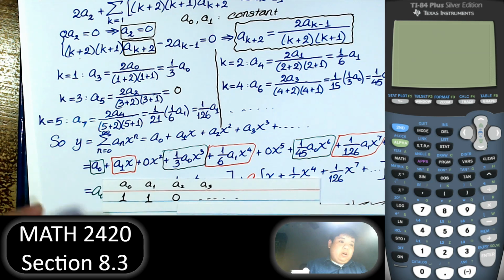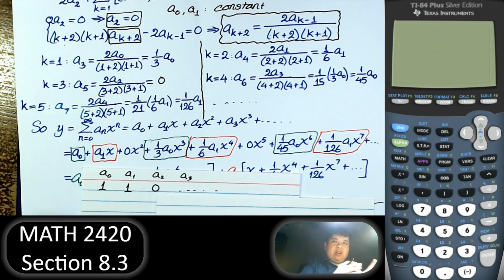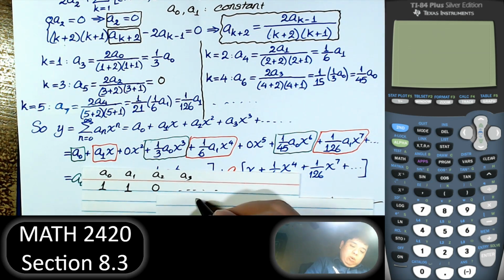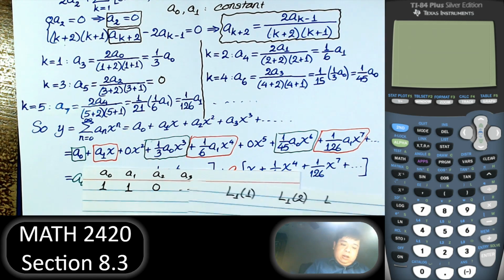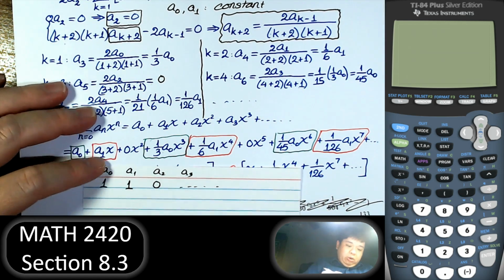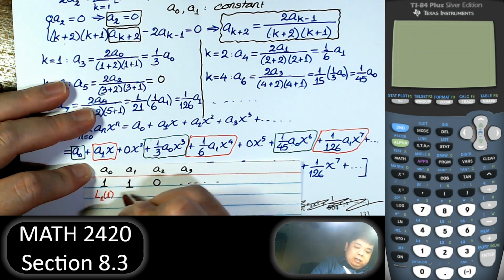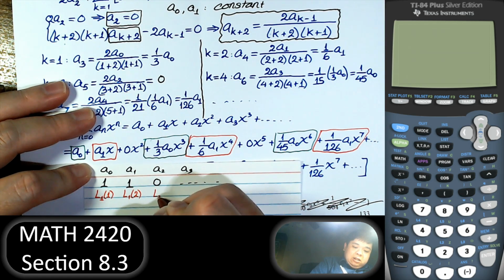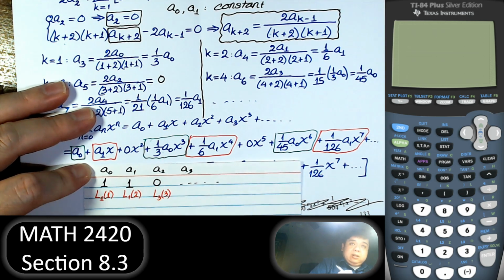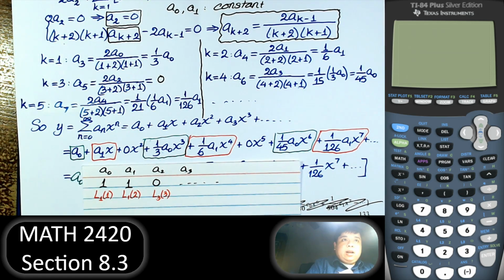So we can say the first term in the list, the second term in the list, and the third term in the list.